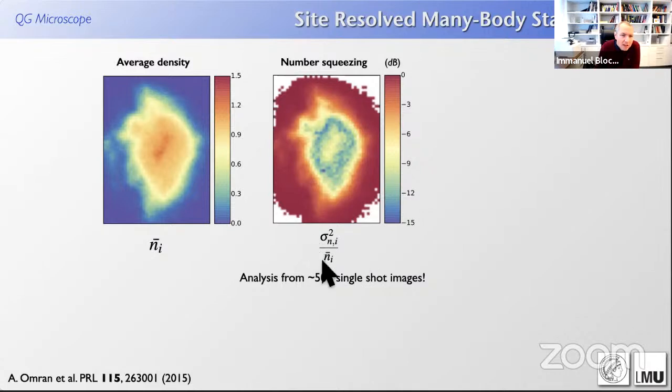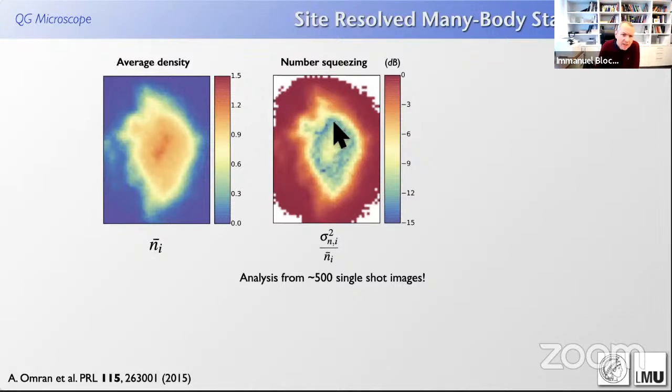And now, of course, we can be in insulating states of matter, like this Mott insulator or a band insulator, where you have exactly a fixed number of particles per lattice site without any fluctuations in the particle number. And then this would give you a reduced number, with the number squeezing being smaller than 1, telling you quantitatively how much reduced those fluctuations are.